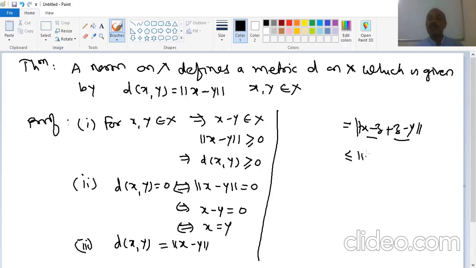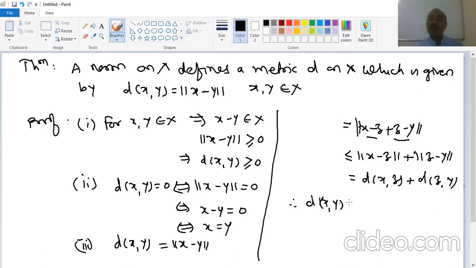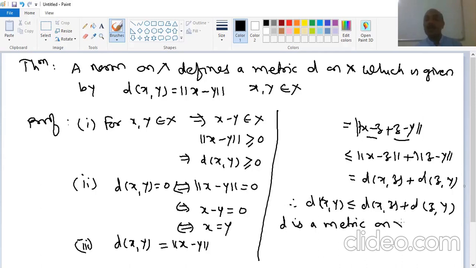We can write this as norm of x minus z plus norm of z minus y. So norm of x minus z we can write as d of x, z plus d of z, y, and therefore d of x, y is less than or equal to d of x, z plus d of z, y. That means d is a metric on X.